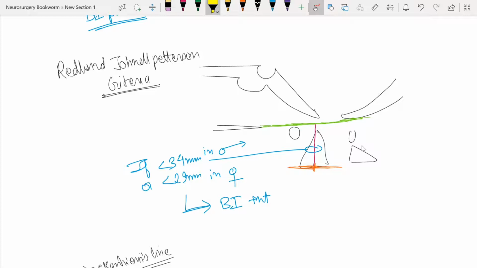The second line in the Redlund-Johnell criteria is a line which is drawn from the midpoint of the caudal margin of the second cervical vertebra perpendicular to the McGregor line.